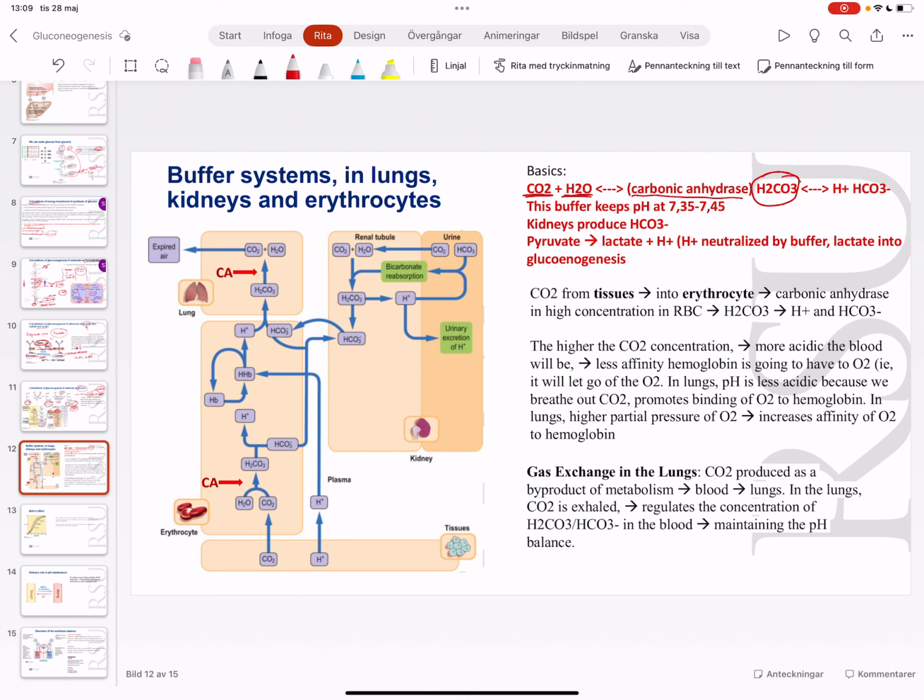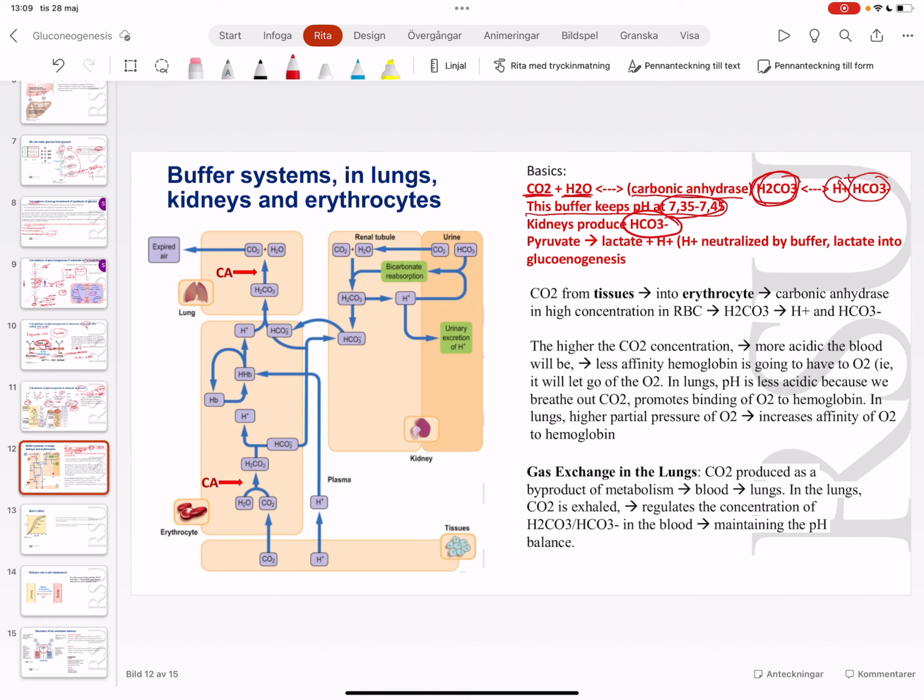And once we get carbonic acid, we get hydrogen plus bicarbonate ions, and these help in the maintenance of the pH levels. This buffer keeps the pH at 7.35 to 7.45, and the kidneys are the ones that produce the bicarbonate ions.